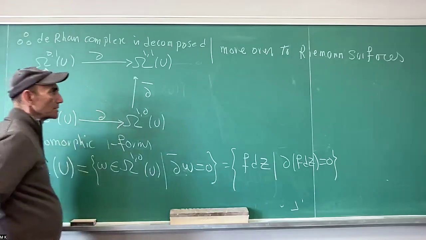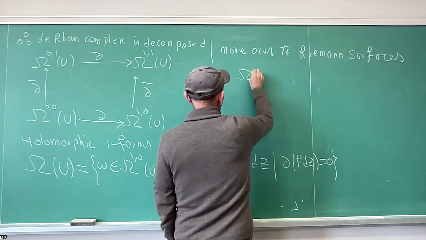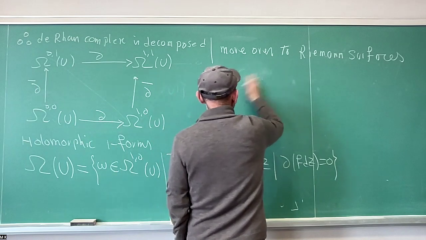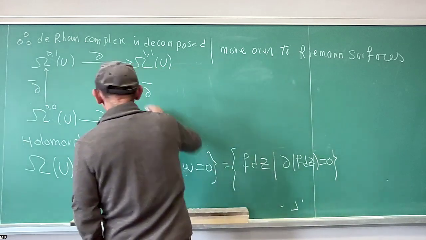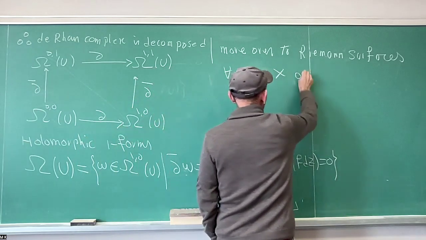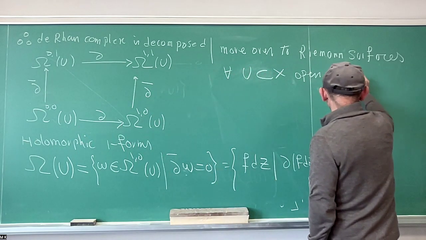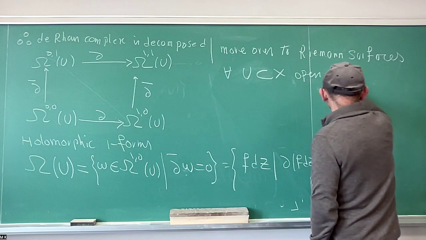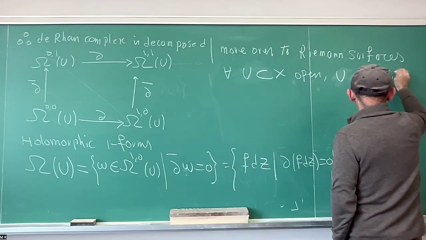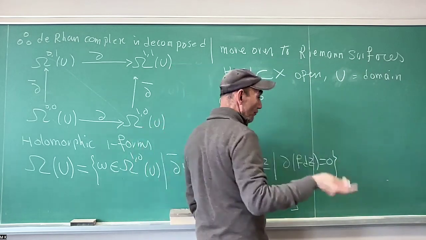That's not difficult now. So we want to define things like omega 0,1 of U, for any U subset of X open, U the domain of a holomorphic coordinate chart.